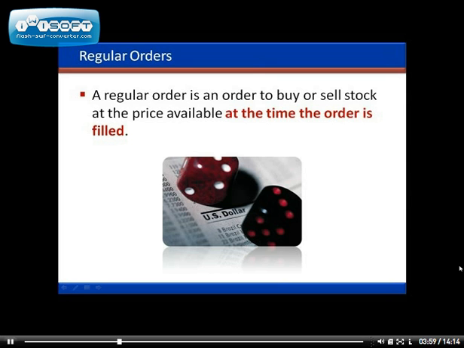So say for instance, if I wanted to purchase some stock in McDonald's, if I'm placing a regular order and I place that order on, let's say, Monday, that order may not be actually filled until Wednesday, and so the price was different. Okay.